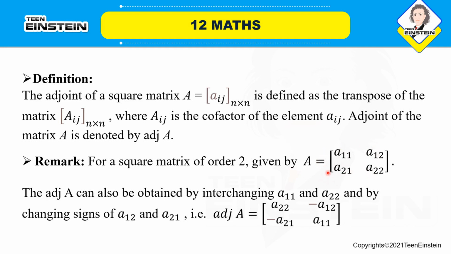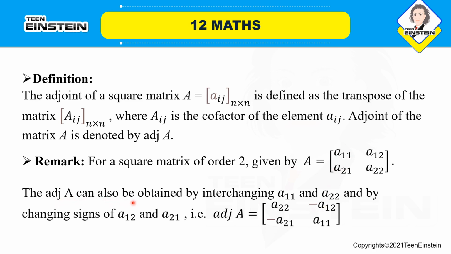Now consider this square matrix of order 2. I am going to write the adjoint of the given matrix A directly. How to do that?